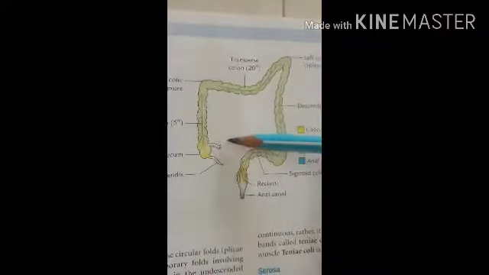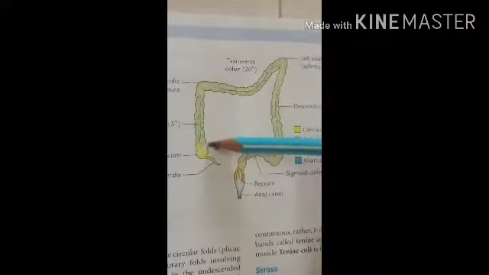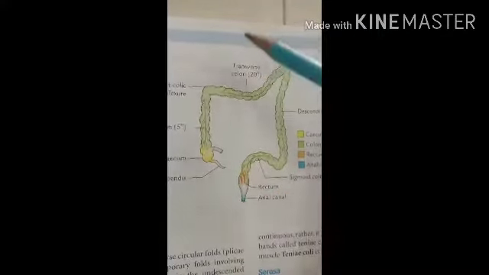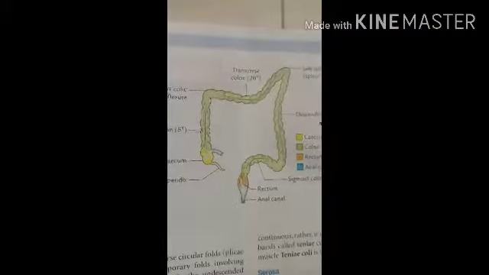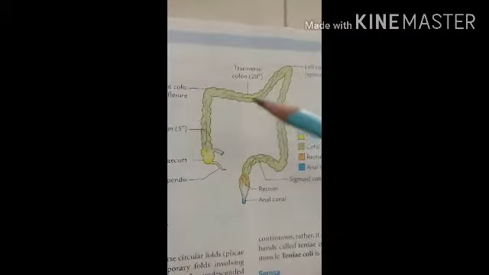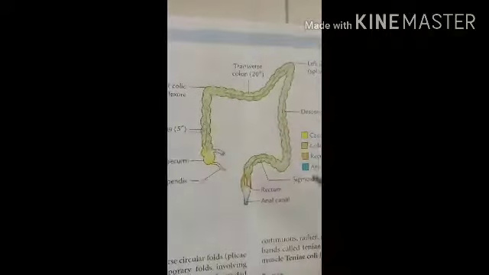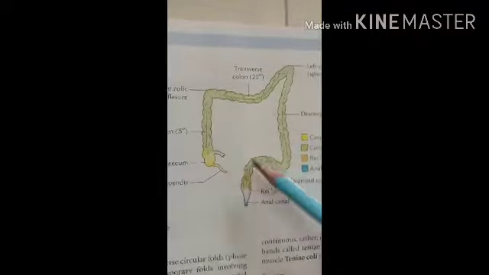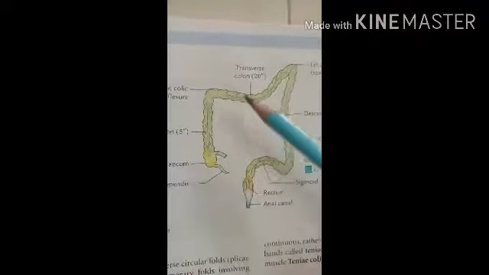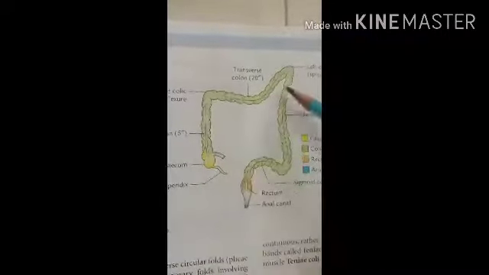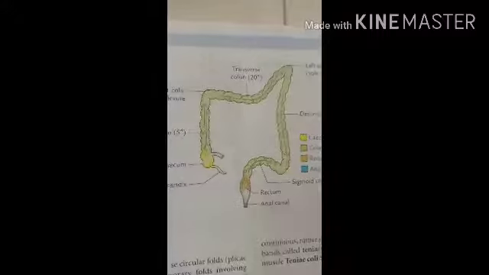It starts from the ileocecal junction to the anal canal. Apart from the transverse and the sigmoid colon, it is not fixed in position like the small intestine. Only the transverse colon and the sigmoid colon are covered with the mesocolon, and because of this these two parts are movable, and the remaining parts of the large intestine are fixed.